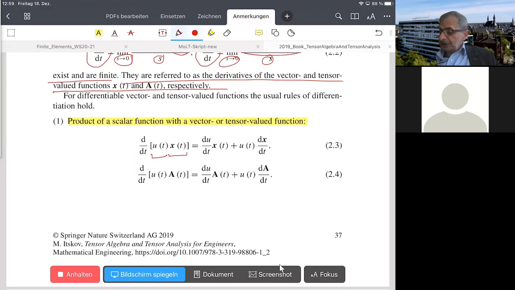We take x at t multiplied by the derivative du dt, and then vice versa. Take u at t and multiply by this derivative dx dt we just discussed. And the same is valid for this product of a tensor valued function again by this scalar valued function. Again, this product rule is valid, right? It is rather easy.